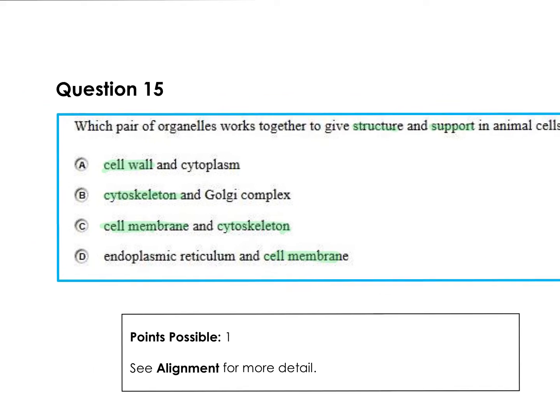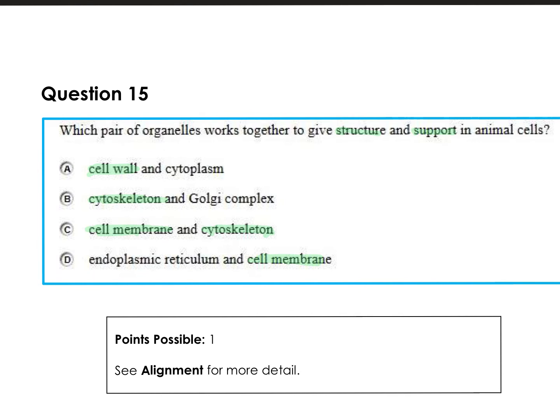So when we look at the cell membrane and cytoskeleton, you have to remember that within the cell membrane, you have those microtubules and microfilaments that connect from one side of the cell to the other, and some of them are embedded in the membrane, some of them even go outside the membrane and create some structure on the outside where things are attached.